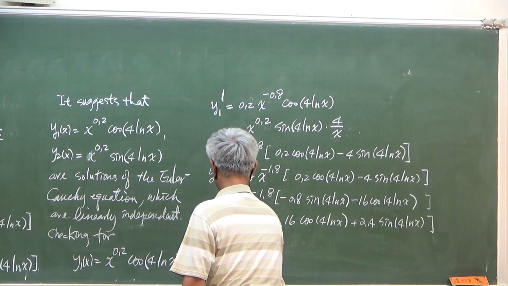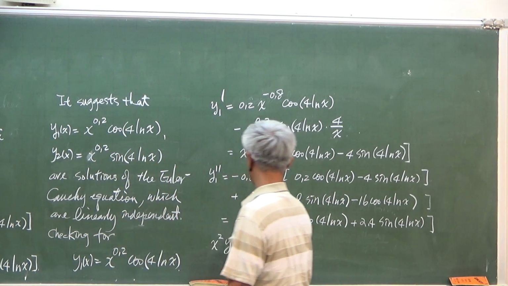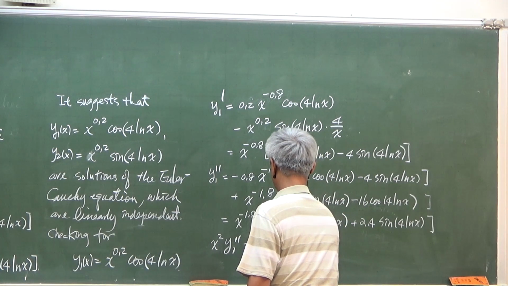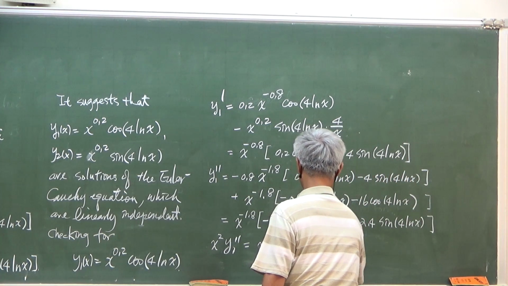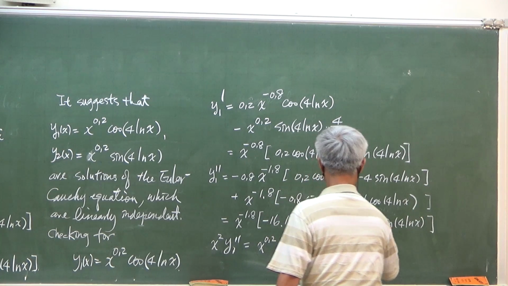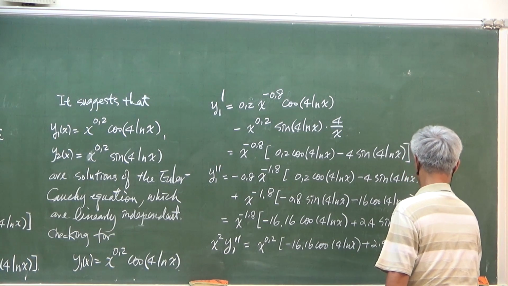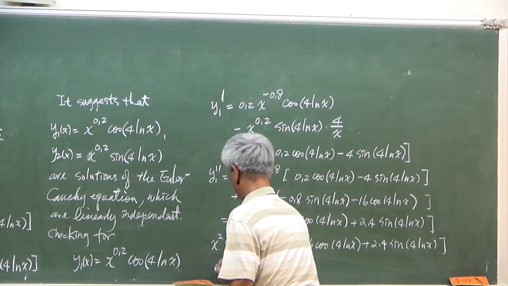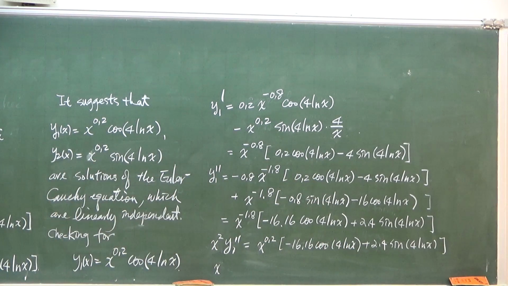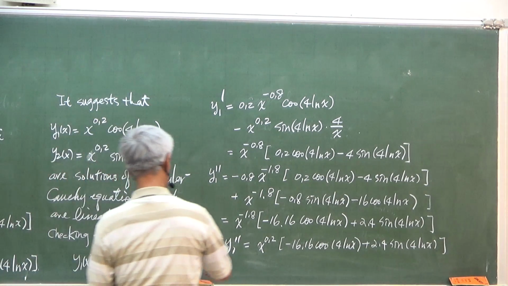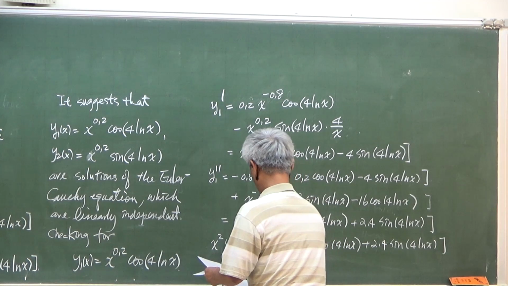Now, multiply with x squared. In x squared y double prime we have x to the 0.2, and for the x term, a is 0.6, so 0.6 x times y prime.